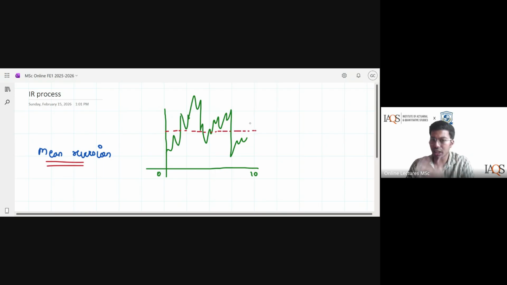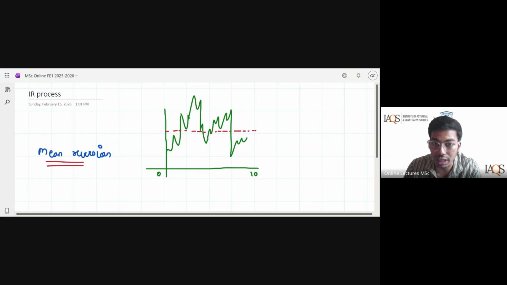All right. What the mean reversion property means is, irrespective of wherever the interest rate is, in the long term, they tend to converge towards a long-term mean reversion level. If the interest rates are up, they generally tend to come towards the mean reversion level.